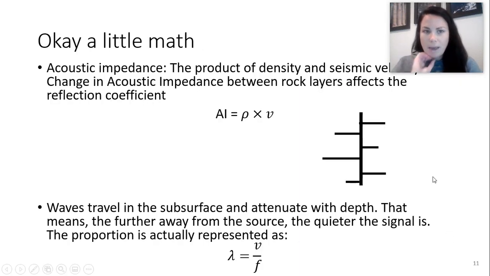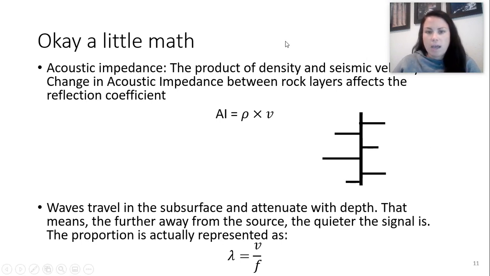Okay, just a little bit of math here. When we look at a squiggle, I'm going to show you a squiggle in a second. Really what we're looking at is what's called the acoustic impedance. And this is the product of density and velocity. And a change in acoustic impedance between rock layers affects the reflection coefficient.